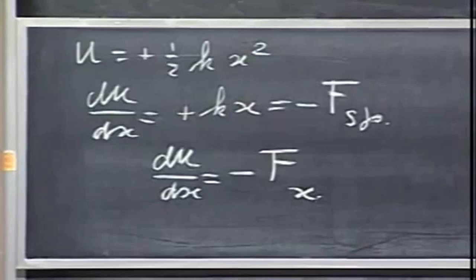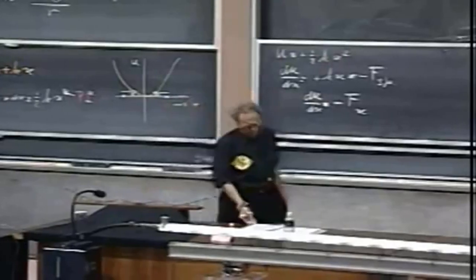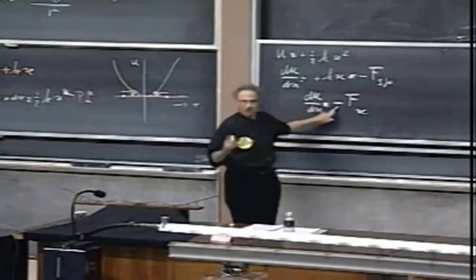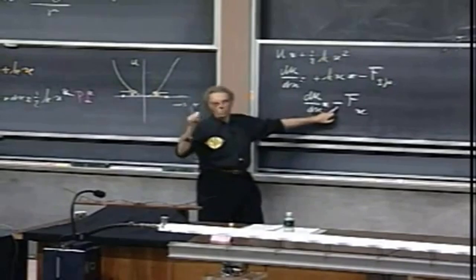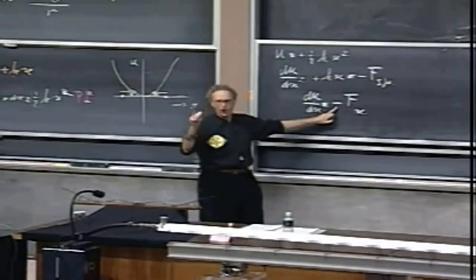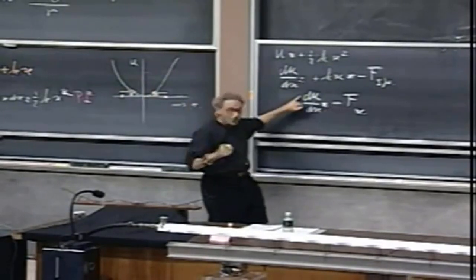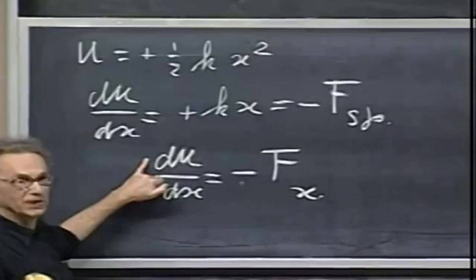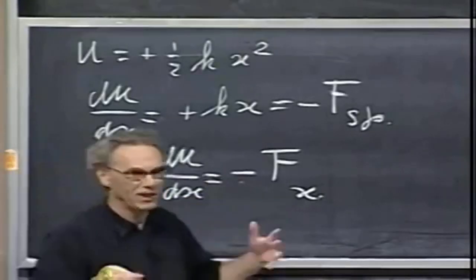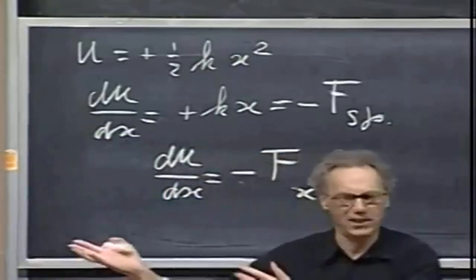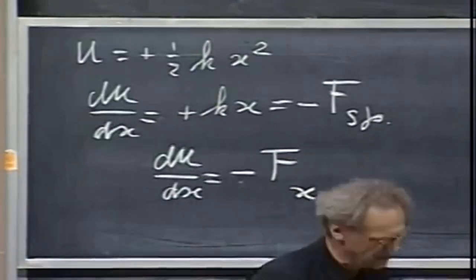It is only in the x direction. The minus sign is telling you that the force is always pointing in the direction which is opposite to increasing values of the potential energy. That is what the minus sign is telling you. It's staring you in the face what I have been telling you for the past 5 minutes.